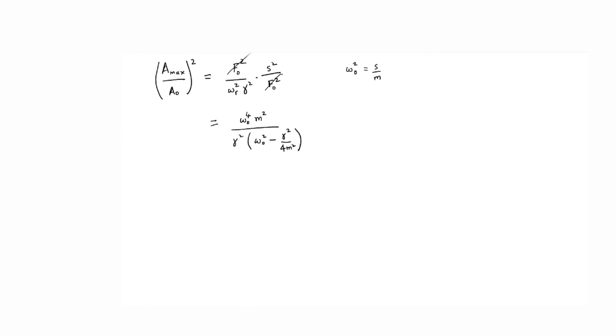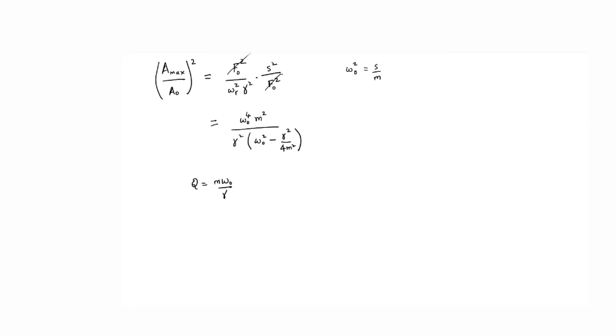So, from here on you will see that in this expression the only quantities that are involved are the quantities which we normally use to define our Q value, which is m omega 0 by gamma.